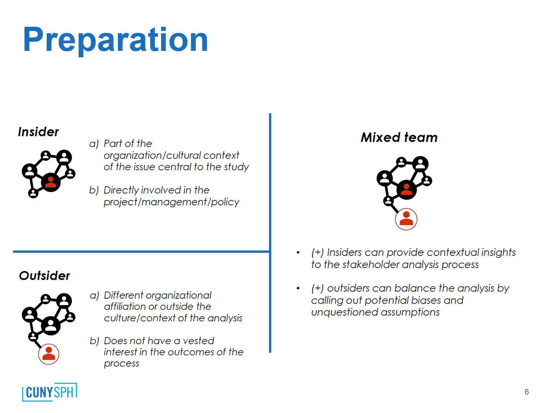Meanwhile, outsiders or those with vested interests can provide a more neutral perspective and challenge our assumptions. A mixed team of both insiders and outsiders is often the best approach, because insiders bring the depth that we need, while outsiders balance the process by pointing out blind spots.